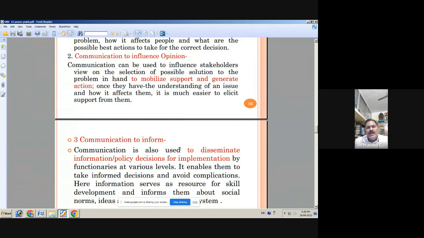Once the people understand it properly, if it is a good message, then it will be very beneficial to them. But if it is a bad message, then it will never be beneficial to them.